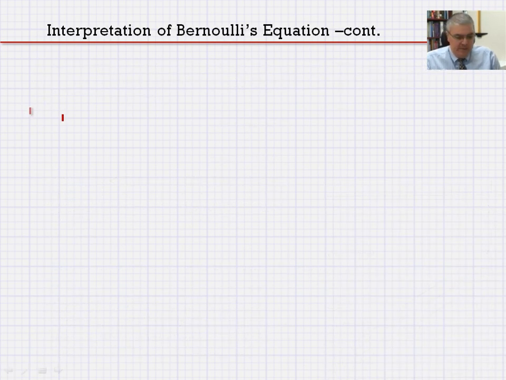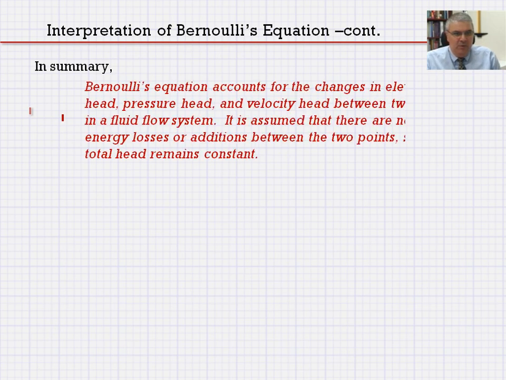So in summary, let's take a look at a summary of what we've discussed so far. Bernoulli's equation accounts for the changes in elevation head, pressure head, and velocity head between the points in a fluid system. Just imagine the figure that I just showed you, have a mental picture of that.